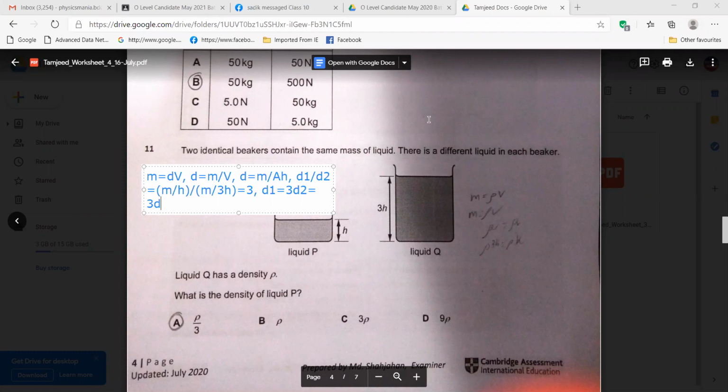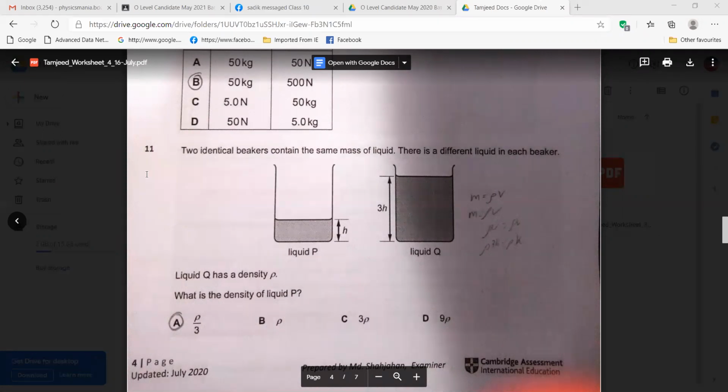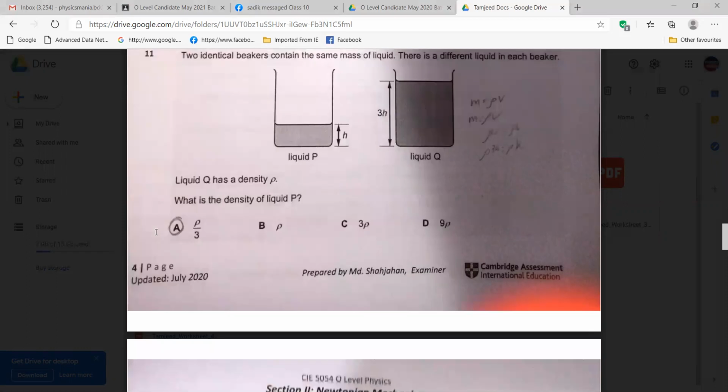Can we go to next? Which one is next? Yeah, complete. Okay, our MCQ part is done. Then we'll go for the structured part, right? So in this worksheet, you got some corrections, right?